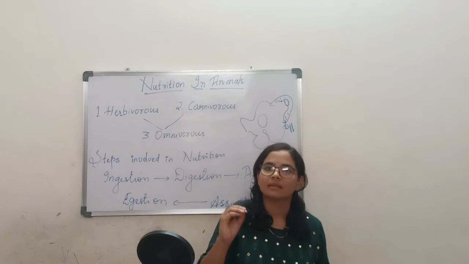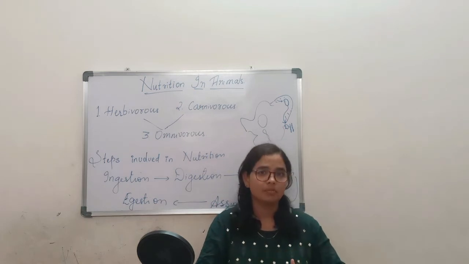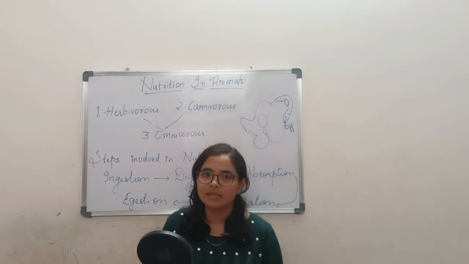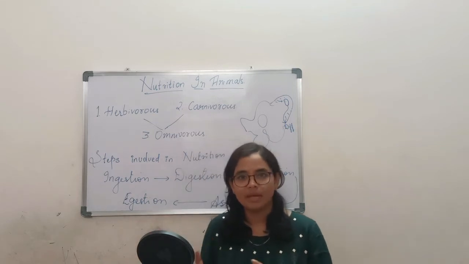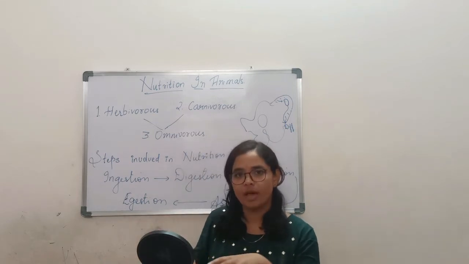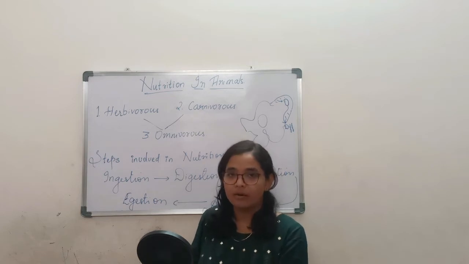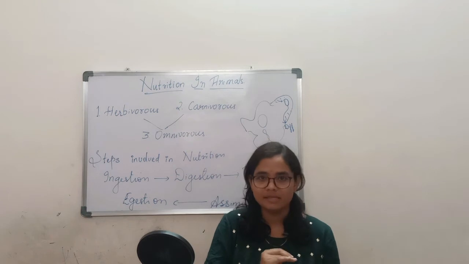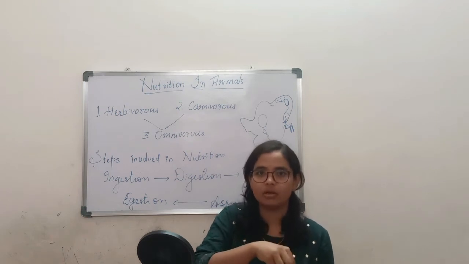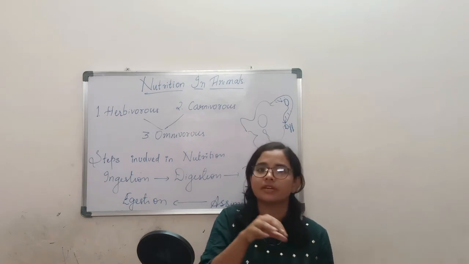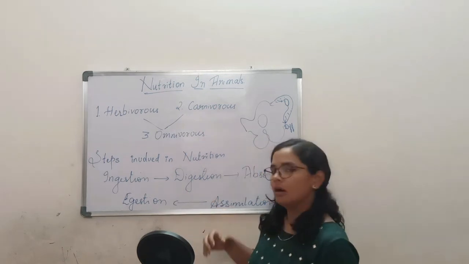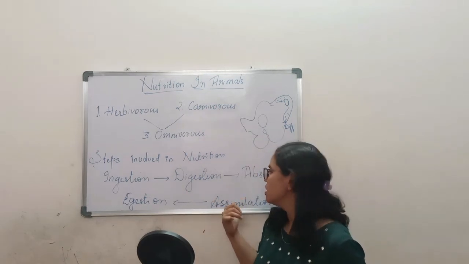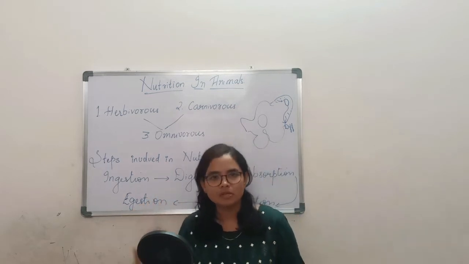Once that food has entered the bloodstream, it has to enter the cells next. The cell is the main location where that food has to enter for giving us energy, right? So from the blood, the digested food enters into the cells, and we call that the assimilation process.